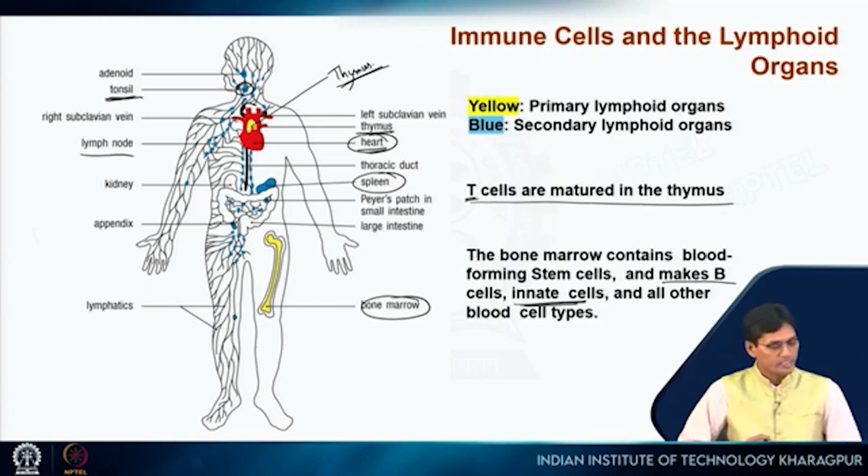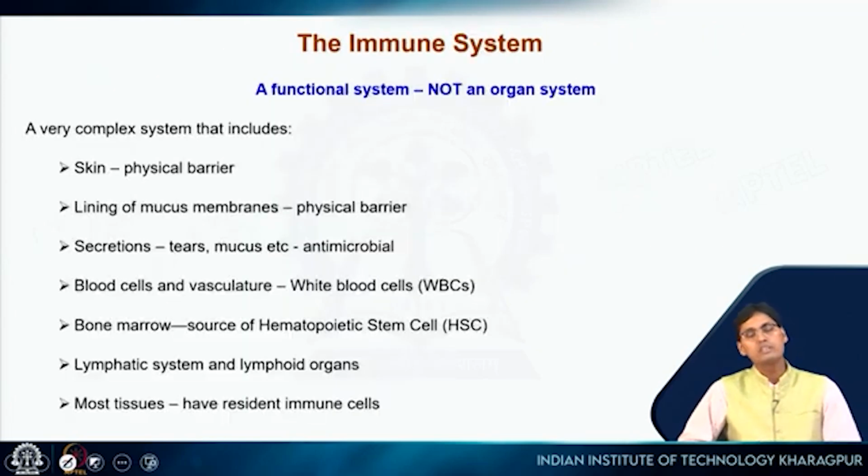Now, if you see our immune system, I just mentioned where our immune cells are formed, and then where they go, like the different types of lymph nodes and the lymphatic duct. There are also many different types of immune cells called tissue resident immune cells.